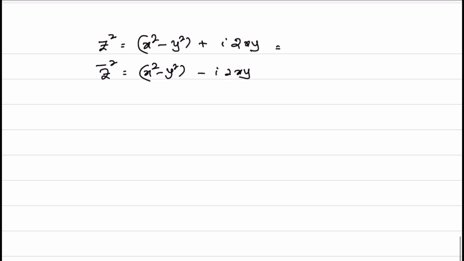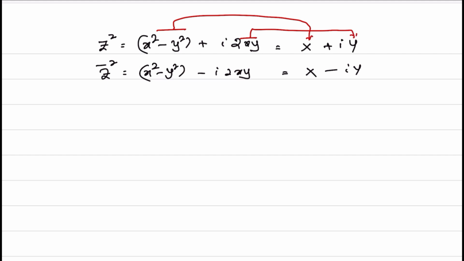This is nothing but x plus iy. This is nothing but x minus iy. X and y are arbitrary. X square minus y square we call capital X, and 2xy we call capital Y.